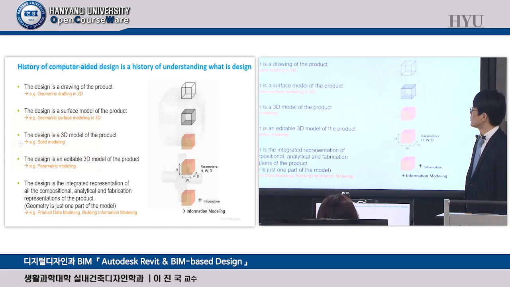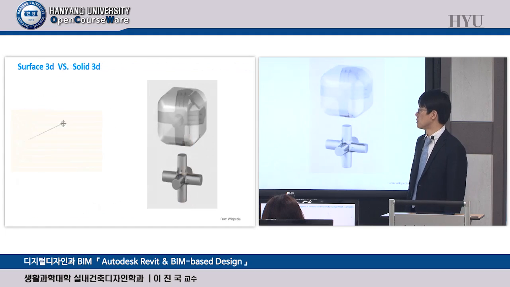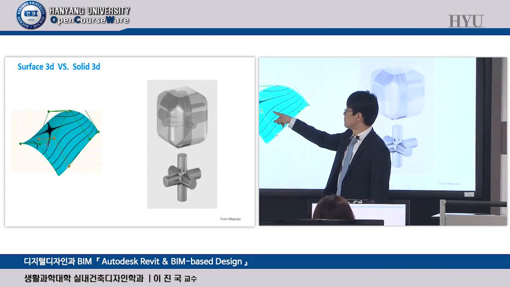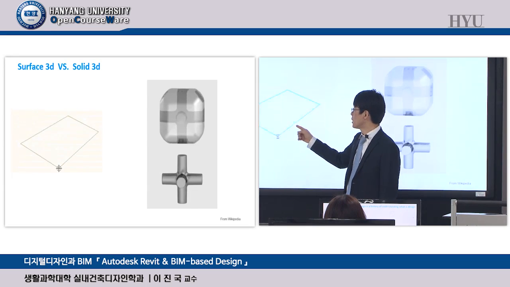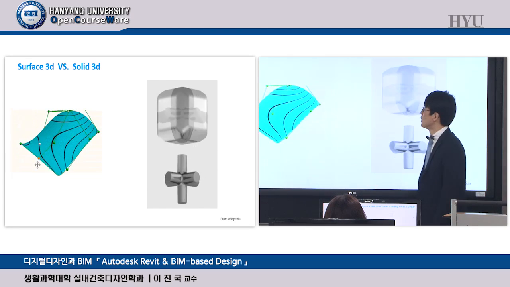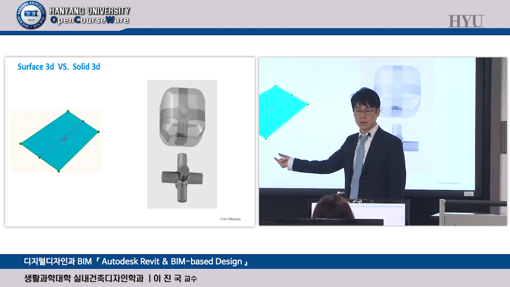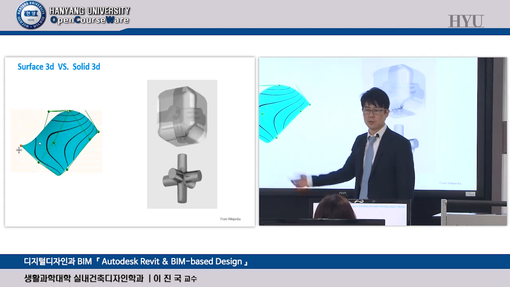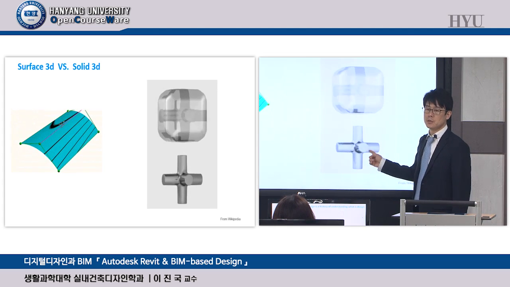So take a look. We know the surface-based 3D model. Something like this one, okay? Control vertices using FFD or something similar. You can edit any shape of surface or 3D. That is surface-based 3D because mathematically this one doesn't have thickness. Thickness is 0, okay? But this one is solid-based 3D.